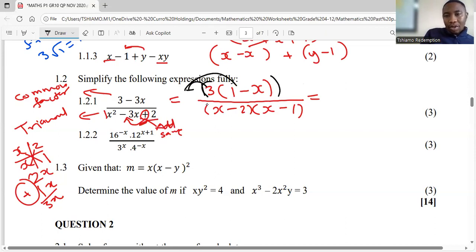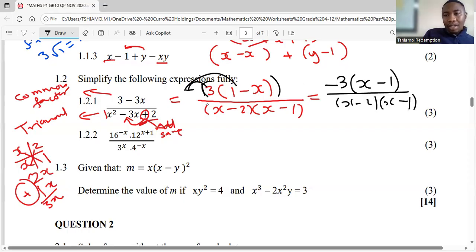So I'm going to have a minus 3, and then a negative and a negative will give me a positive x, and a negative and a positive will give me a negative 1 over x minus 2, x minus 1.